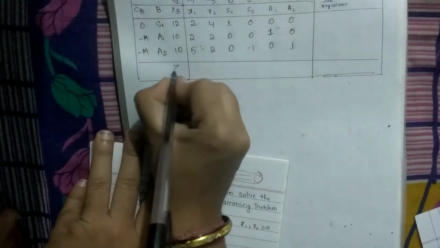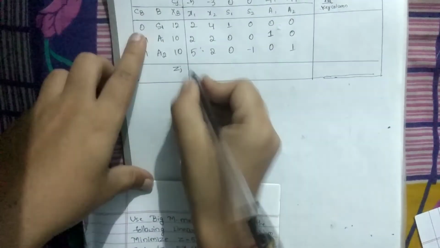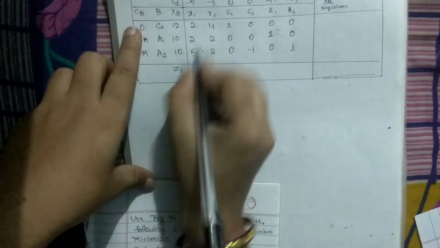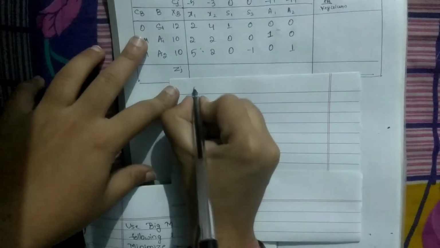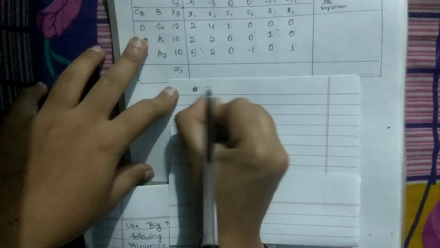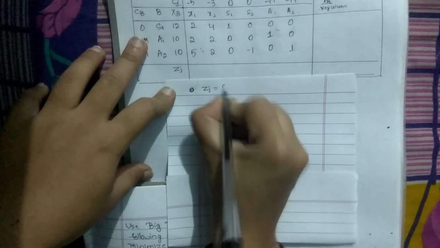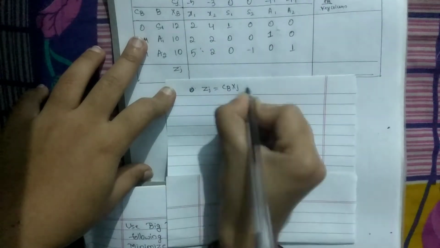Then we have to find Zj. How do we find it? One formula is there: Zj equal to Cb into Xj.